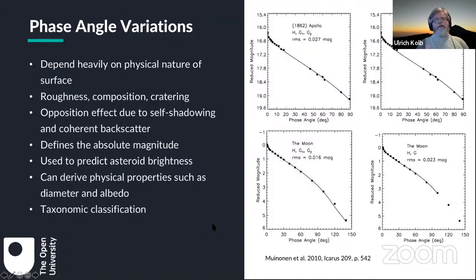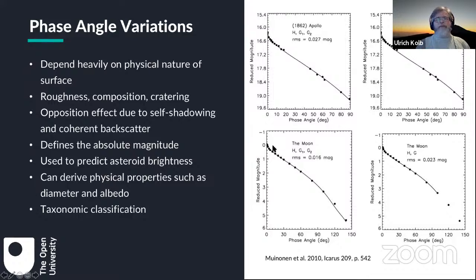So if we take out the variation due to the distance and take out the variation due to the rotation, what we are left with is the variation in brightness as the asteroid moves about due to the relative orientation of Earth and Sun with respect to the asteroid. And this is expressed in these phase curves, where phase angle 0 means this is in opposition. So the asteroid sees the Earth and the Sun lined up, and it goes to larger values, such as 90 degrees, where they are at right angles to each other.